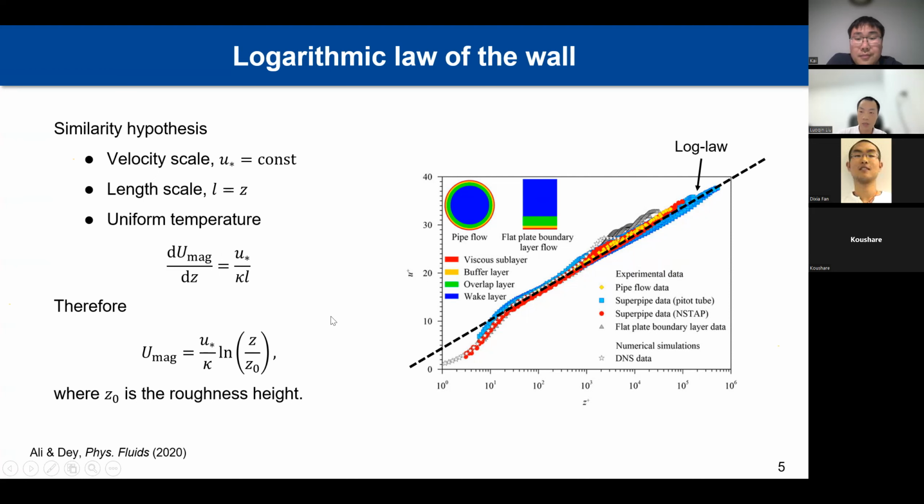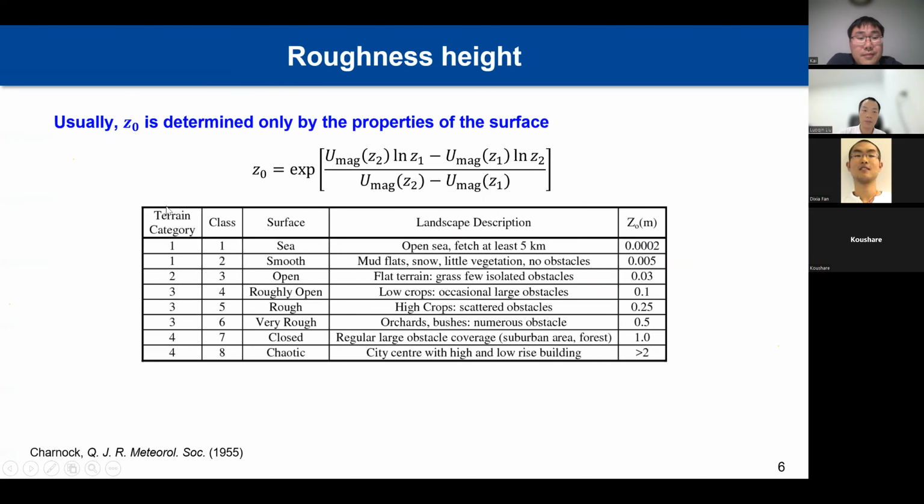So how can we determine the roughness height? Usually, the roughness height is determined only by the properties of the surface. That means we can measure it directly in a field measurement under one condition, so it can be directly used when the wind condition changes.